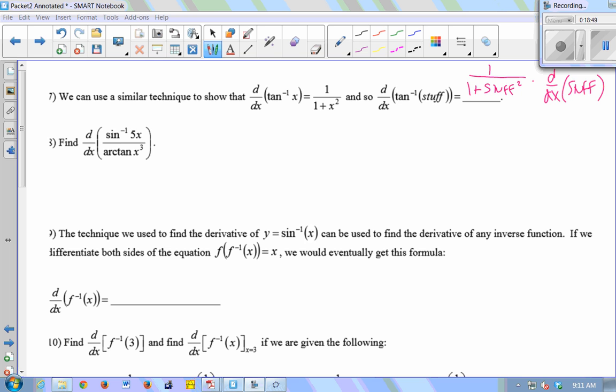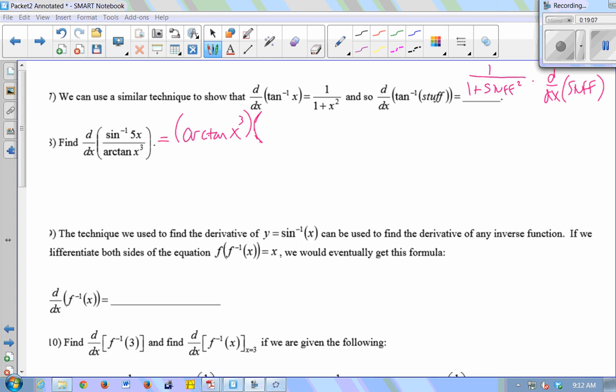This is the derivative of a quotient, so I'm going to have to apply the quotient rule. So the derivative, remember, is the denominator, so always start with the denominator. So that is going to be the arctan of x cubed times the derivative of the numerator.